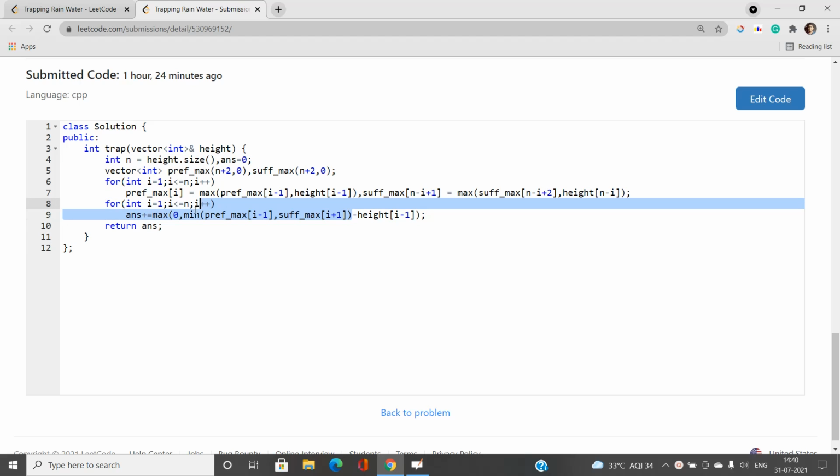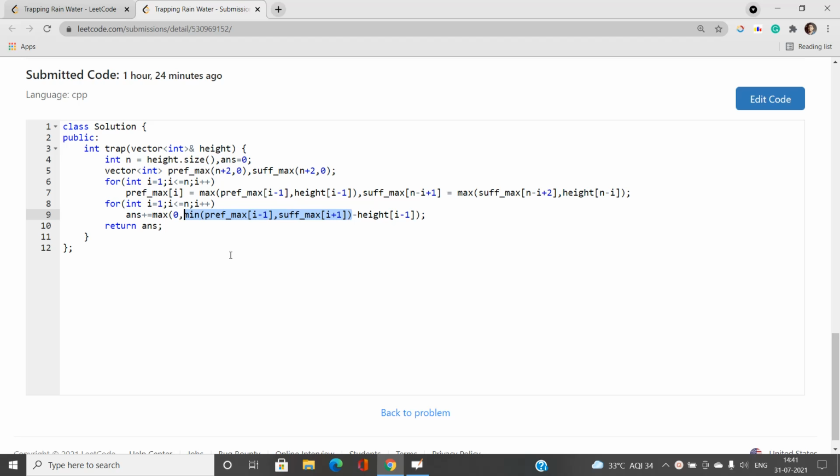It means we'll find out the maximum among all the left walls and the maximum among all the right walls, and I will then find out the minimum among these two values.